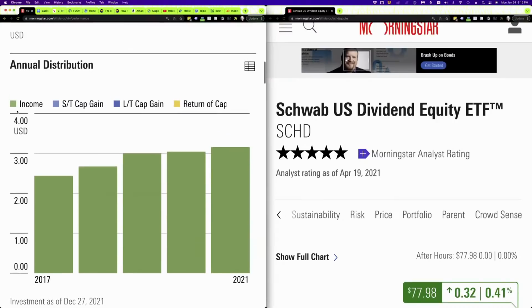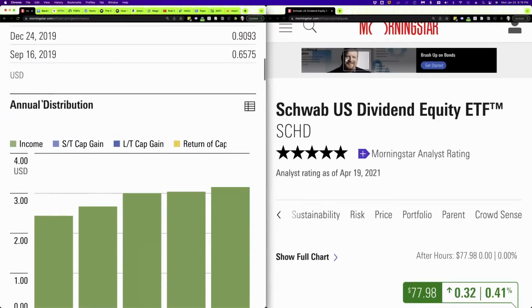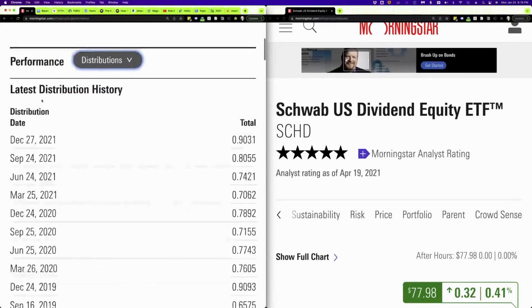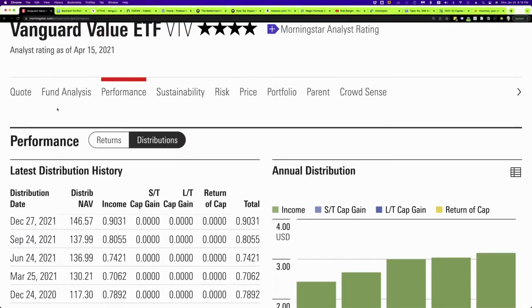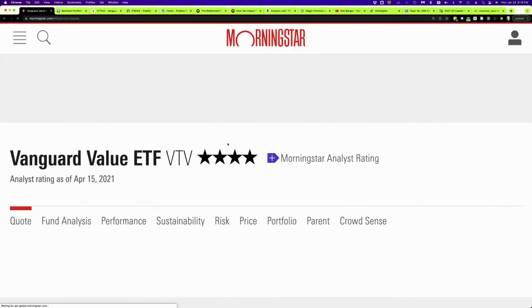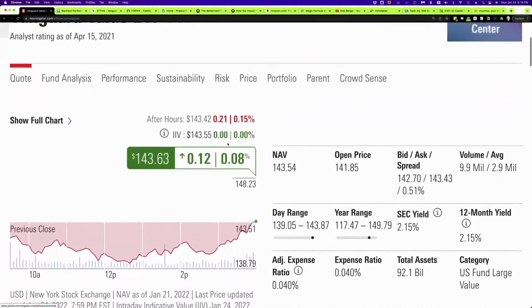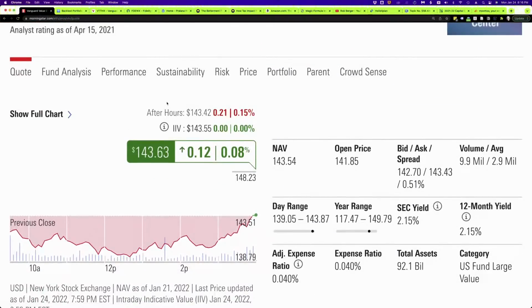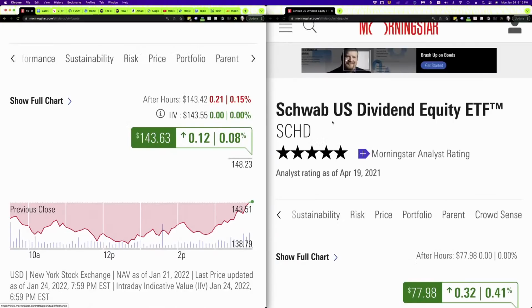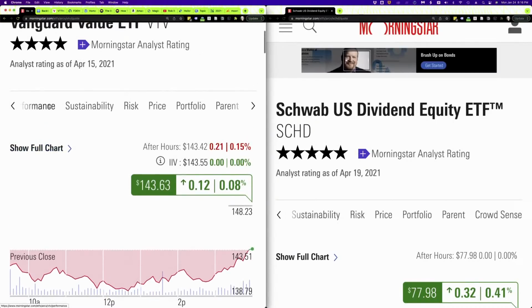So that'd be dividends, right? Up to $3. What's the NAV on this thing? Hang on, let me make this bigger. That's $146. See right here. So okay, that's typical. A value fund is going to have a higher dividend yield than like the S&P 500, I would think. Yeah, it's around 215. S&P is around 120. But in any event, that's pretty good on the taxes.